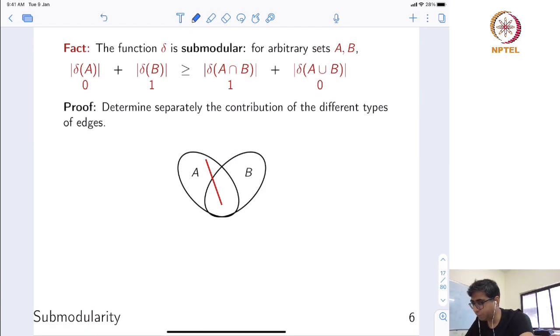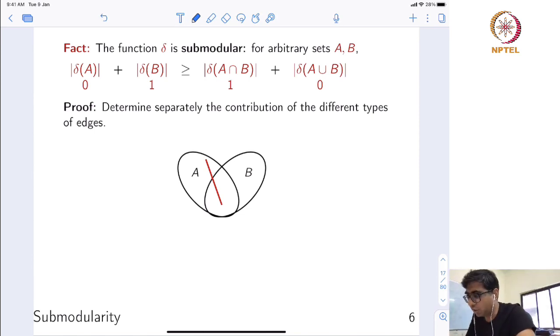First imagine that there is an edge which is leaving B, but it is going inside A. It is not contributing to the delta of A. So what is the contribution of this? It is contributing 1 to the boundary of B, but 0 to the boundary of A. But look at A intersection B. It is contributing to A intersection B because it is going out from A intersection B to this.